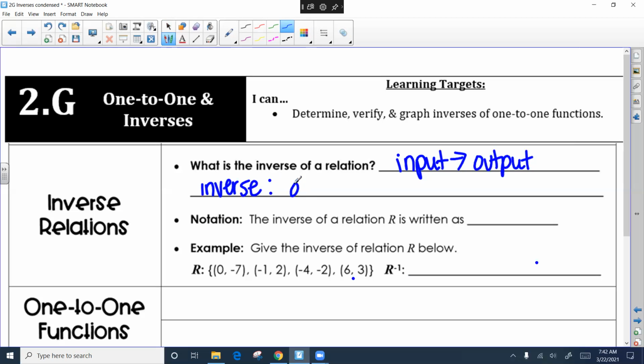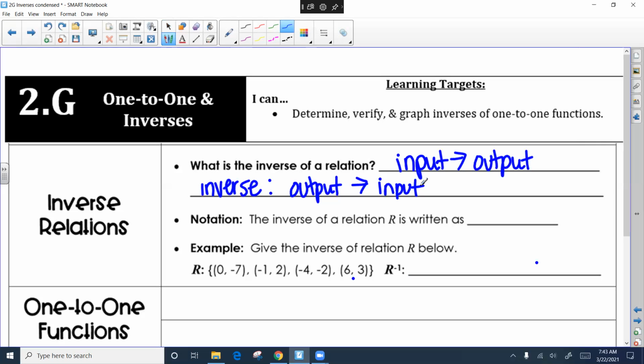The inverse is output to input. So for example, I'm just making up numbers. In a relation, if our input is 3 and that gives an output of 10, on the inverse relation, an input of 10 would give an output of 3. Okay, so it switches the input and the output.